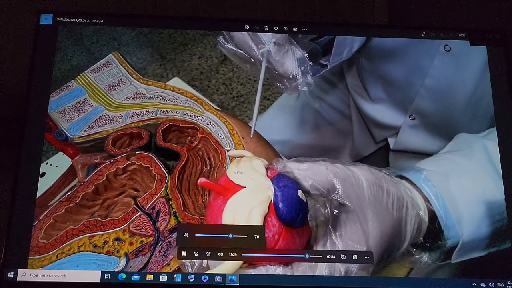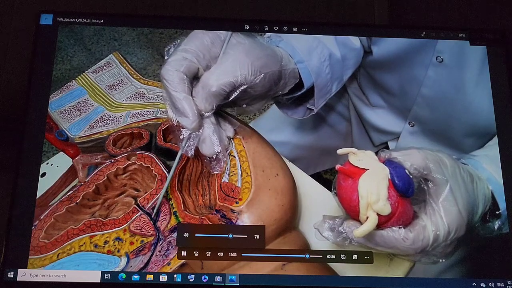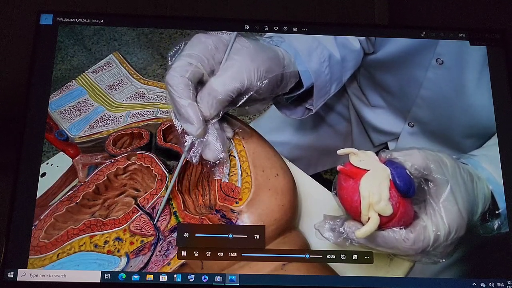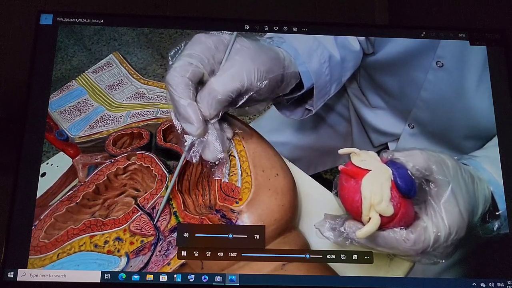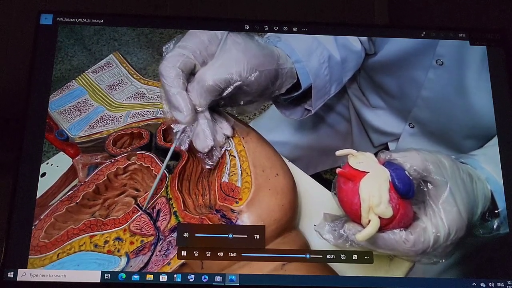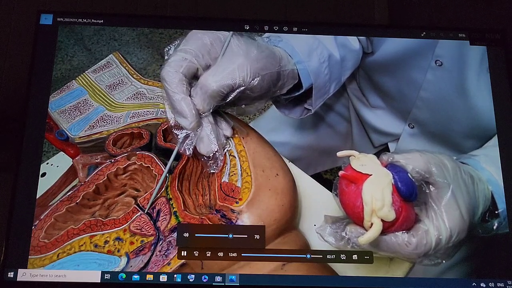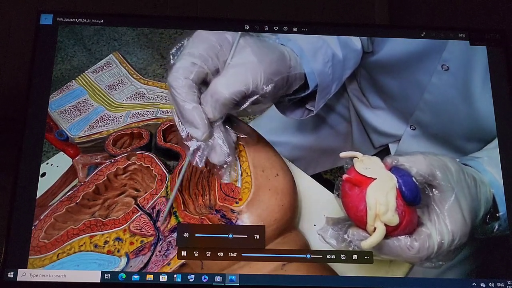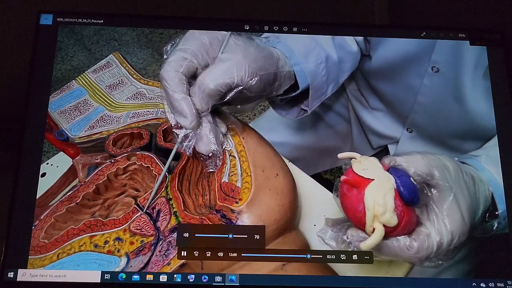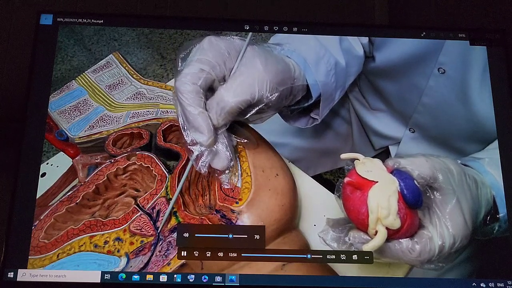The prostatic urethra here is the distensible part of the urethra. What is the widest part of the urethra in general, and what is the most distensible part of the urethra? It is the prostatic urethra.